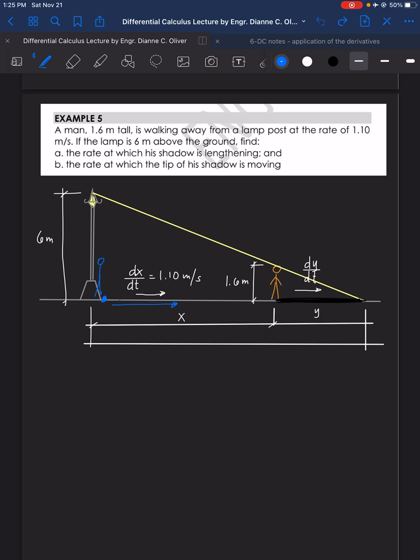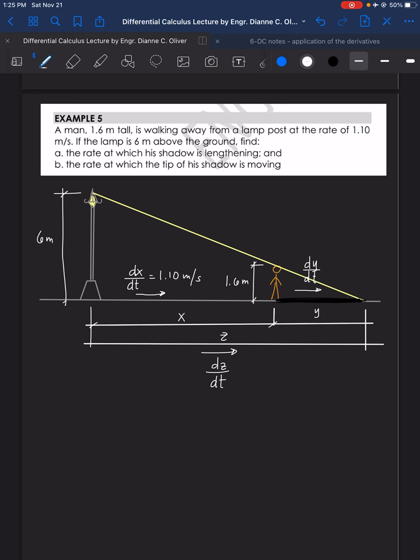The distance of that movement of the shadow is distance z from the lamp post to this tip here. And it's looking for the rate at which the tip of this shadow is moving. Therefore, it's looking for dz over dt.